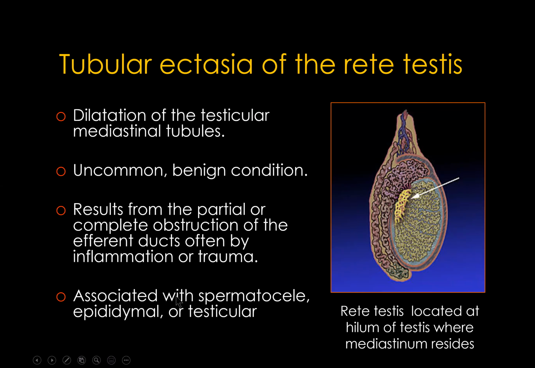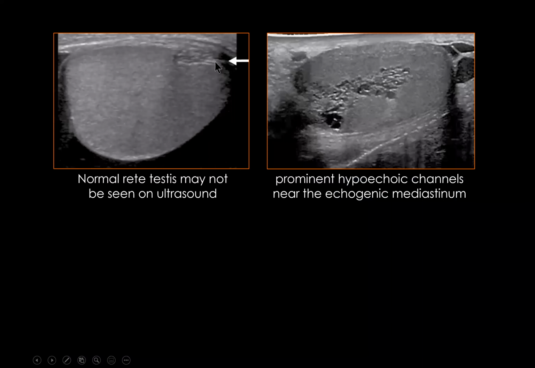It is usually associated with the presence of a spermatocele or epididymal or testicular cyst. On ultrasound, the normal rete testis might not be seen, and tubular ectasia does not usually appear in the normal.